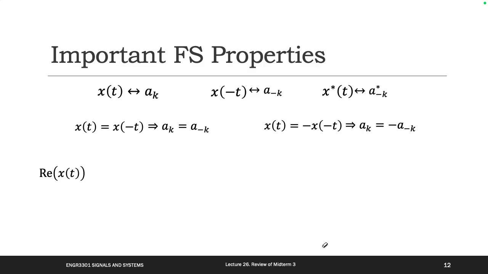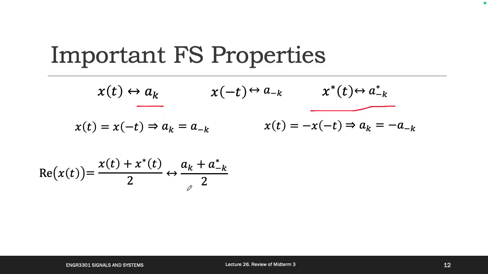And then for any signal, the real part equals this one. We proved that, and then we have this equation and this equation, and it's easy to get the FS coefficient, this one.